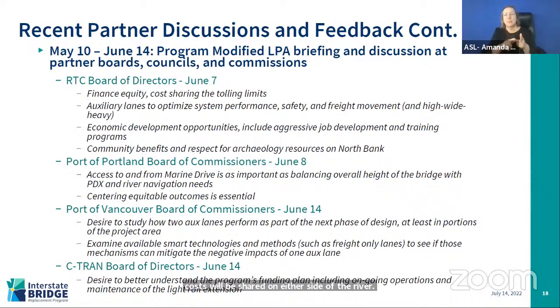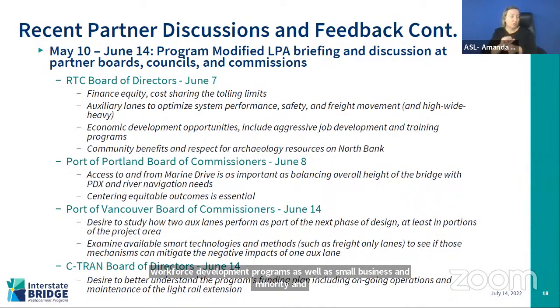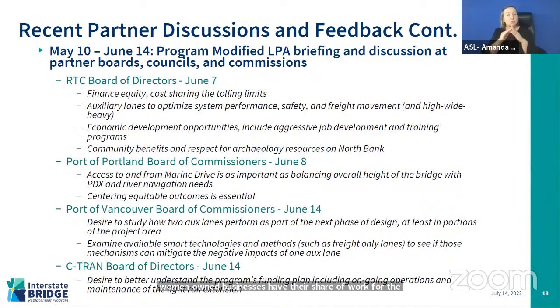Economic development opportunities, including making sure that workforce development programs, as well as small business and minority and women-owned businesses have their share of work for the program. And they also mentioned community benefits, issues that are not traditionally transportation related, but are important to the community that will be looked at during this program.